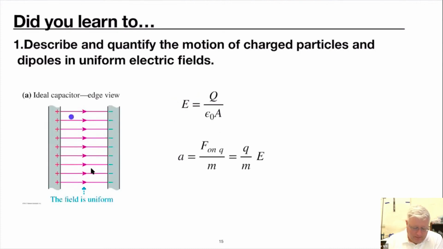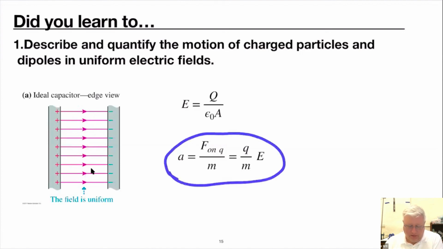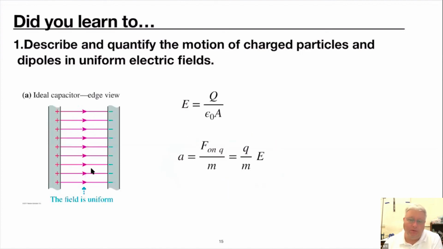It's a uniform field, so it's the same magnitude everywhere, and it always points in the same direction. If we put a charge in there, the charge will experience a force, and since it's a constant field, we can apply the constant acceleration model to find out all kinds of things about how it moves.